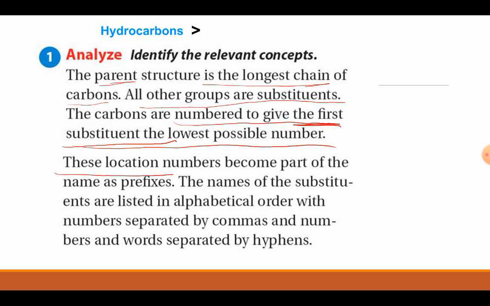The location number becomes a part of the name as a prefix. And the names of substituents are listed in what? Alphabetical order. So, according to their names, for example, E before M and M before B... they are in alphabetical order, right?